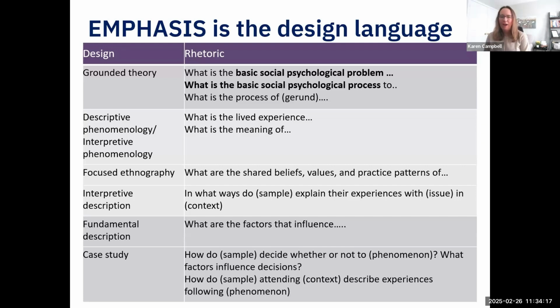What is the meaning of acceptance for somebody that has had a diagnosis of a chronic condition? So you can see how those two examples, I could frame them as a grounded theory, or I could frame them as a phenomenology study.